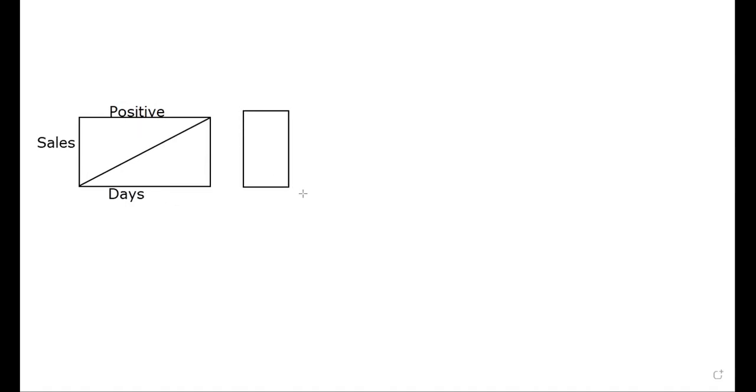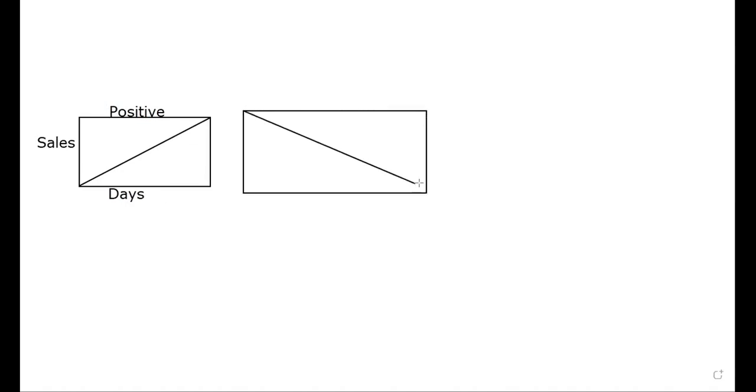And negative correlation means a decreasing trend. It is called a decreasing trend. It's called negative correlation. This is sales. As the days go on, your sales are decreasing.